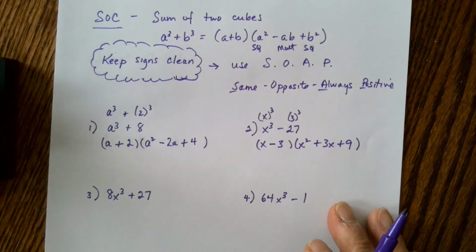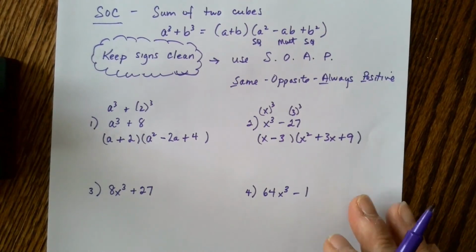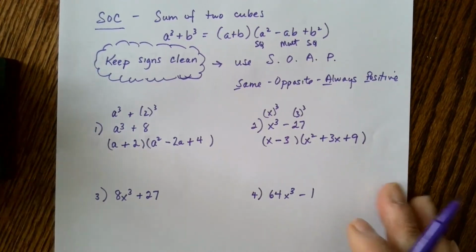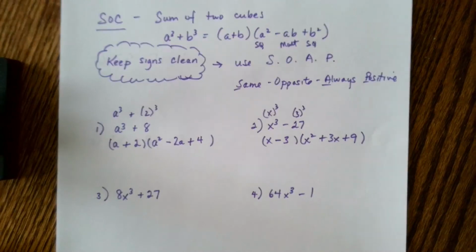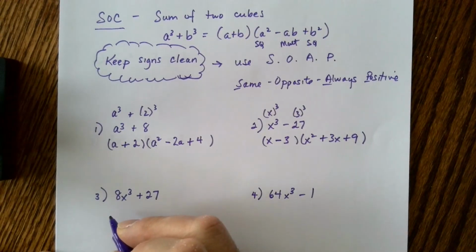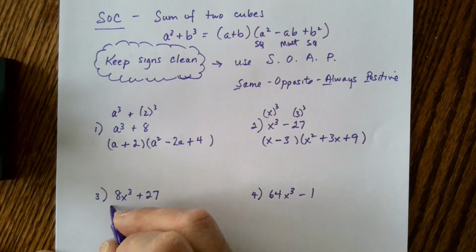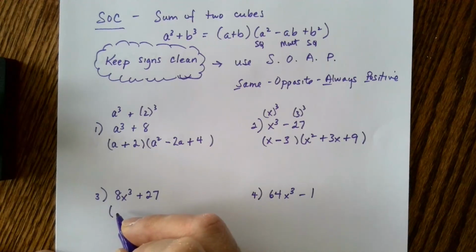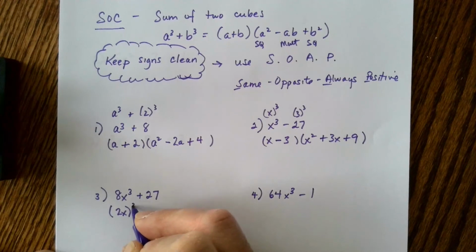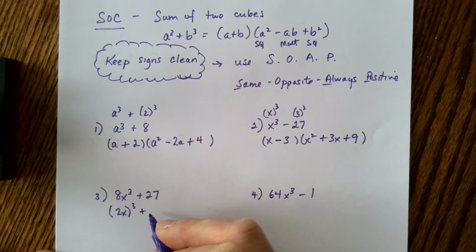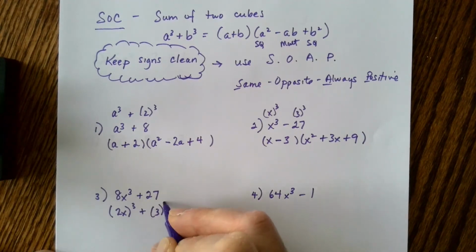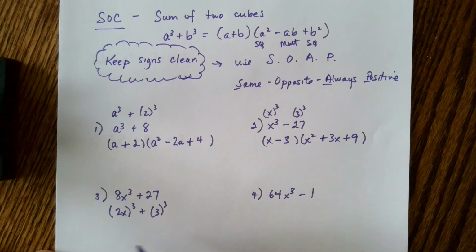A couple of extra ones. Again, you may want to stop the video to work these problems. If I take 8x to the third, I can rewrite that as 2x to the third power, and 27 as 3 to the third power. Now I don't have to do this step.